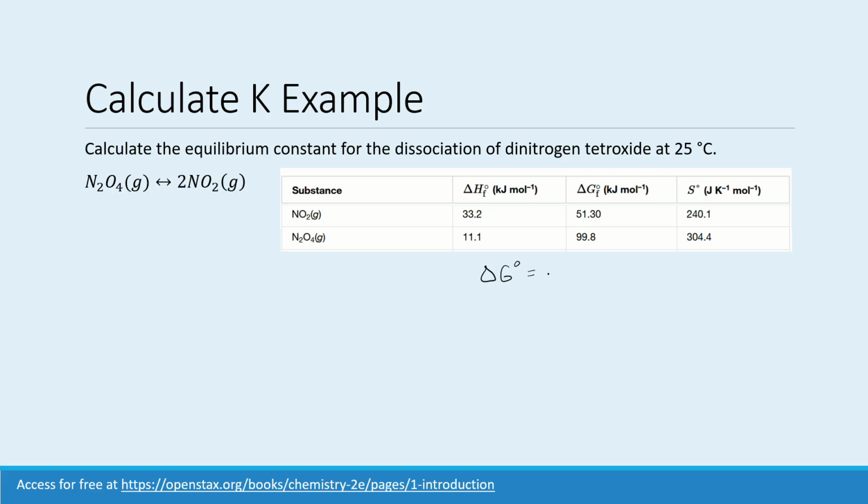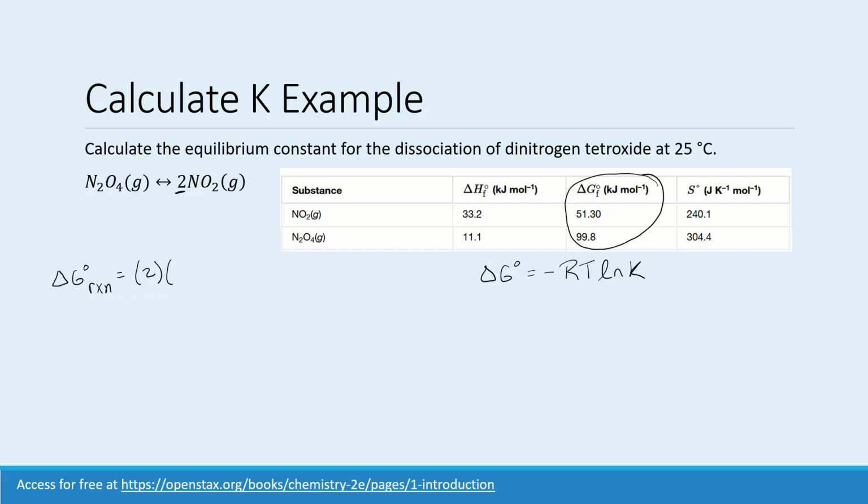If they're asking about that equilibrium constant, remember that's going to be the equation we just saw: delta G standard is equal to negative RT times the natural log of that equilibrium constant K. So we first need to figure out what delta G standard is for this reaction, and so we're going to need those delta G of formation values for our products and our reactants.